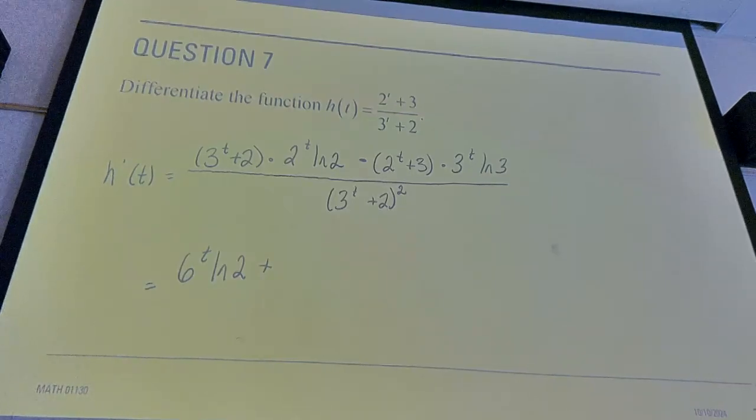That can be simplified. See, calculus is easy. Algebra is hard. You don't remember your laws of exponents. 2 and 2 to the t, don't they have the same base? T times 1.